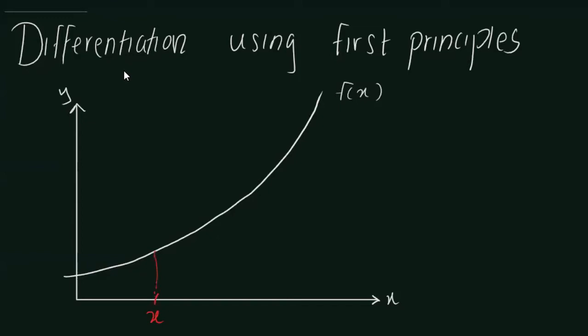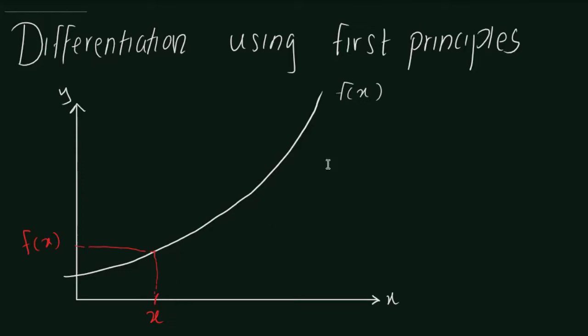I need to find the differentiation of this y, or else f(x). So I need to find the differentiation of this f(x) with respect to x. What we are going to see is how to do this using first principles. So what do we need to do? We need to find the differentiation of y, or else f(x), with respect to x.